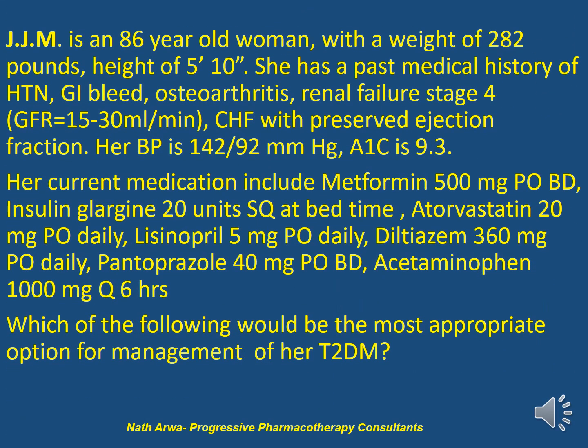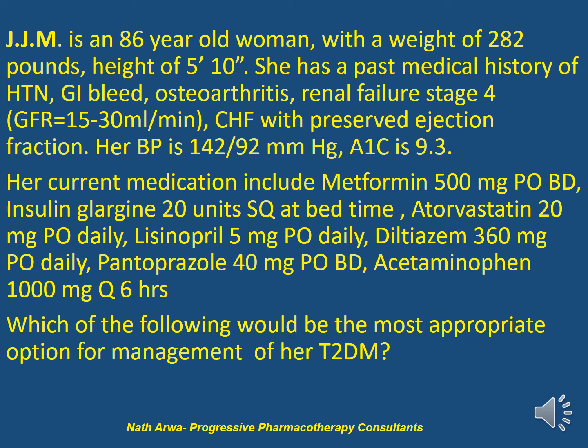So in our next question, JJM is an 86-year-old woman who weighs 282 pounds and is 5 feet 10. She has a past medical history of hypertension, upper GI bleed, osteoarthritis, renal failure stage 4, and congestive heart failure with preserved ejection fraction.